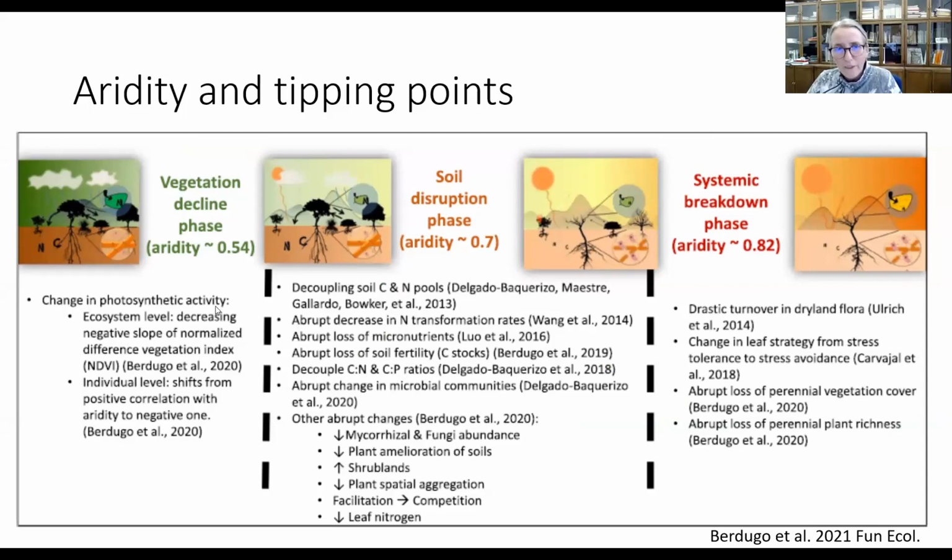So here vegetation is declining, the cover of vegetation is decreasing. Here is this soil disruption phase. The soil cycles of nutrients are decoupled from plants, and soil biological activity is decreasing, and there is breakdown phase when even higher aridity.